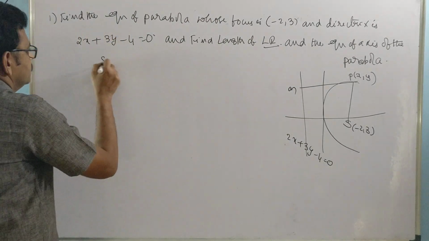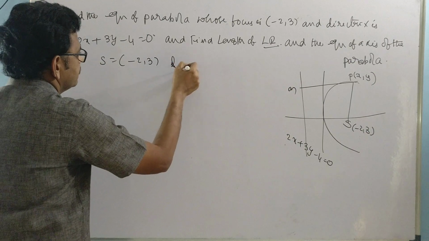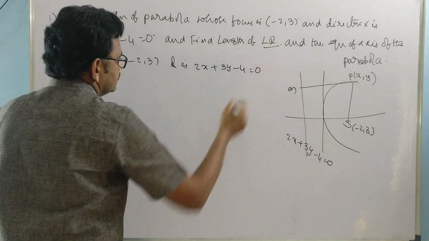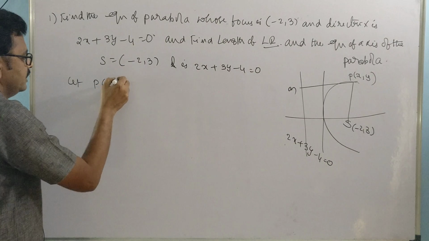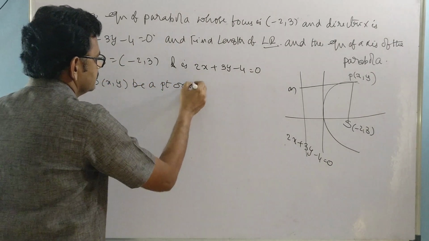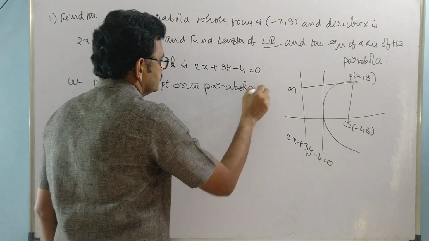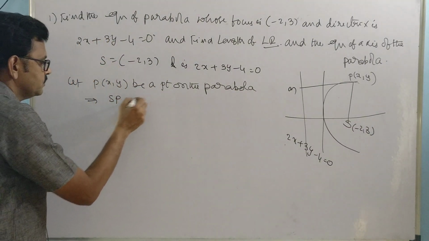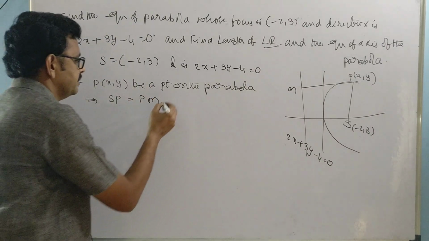Now focus is minus 2, 3 and the directrix is 2x plus 3y minus 4 equal to 0. Let P(x, y) be a point on the parabola. By the definition of parabola, SP by PM is equal to 1, SP equal to PM, where PM is the perpendicular distance.